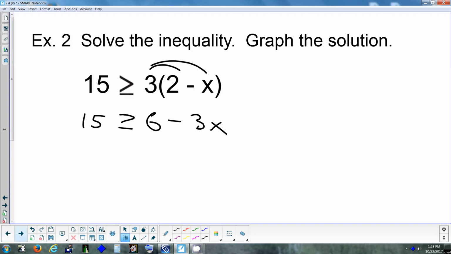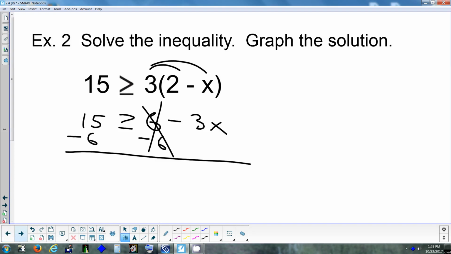What would I do now? I would leave the 15 where it is because we want to get everything away from the x. So we want to do something with the 6. Yeah, that's what I would do, minus 6. Because now you just moved something away from the x, okay?